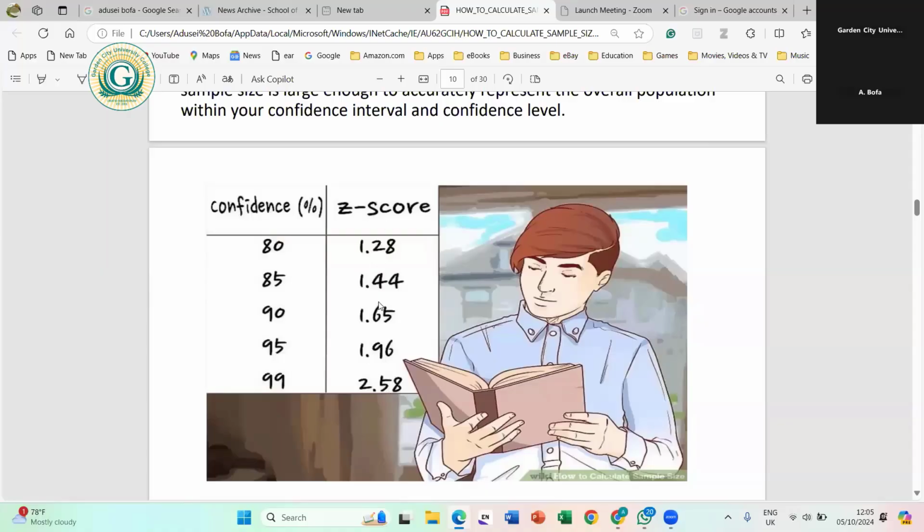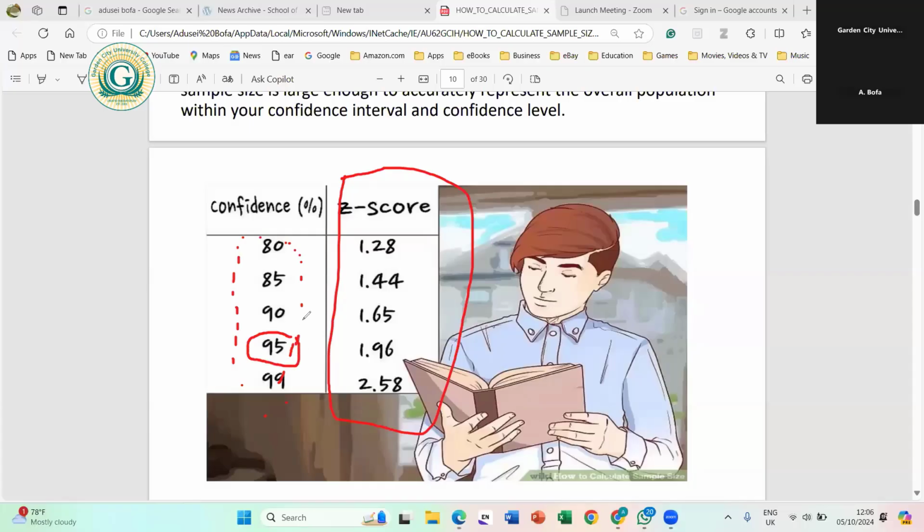But this score depends on the confidence level. If you don't choose the confidence level, then you can't get your respective Z score. So if I'm using a 95% confidence level, that means that the respective Z score will be 1.96.